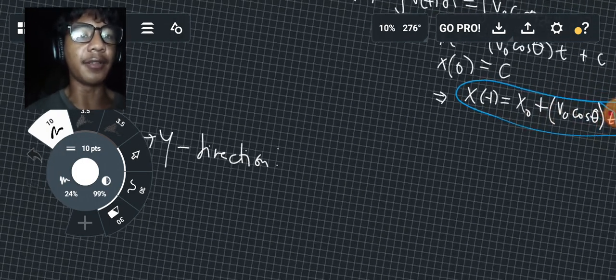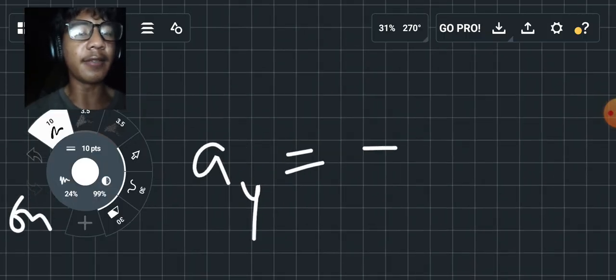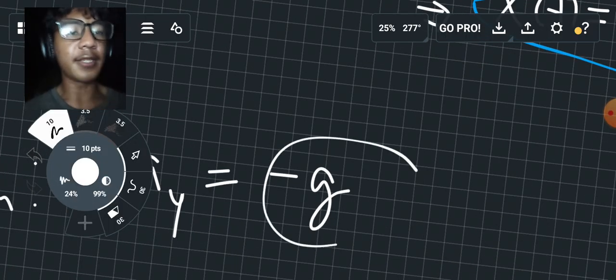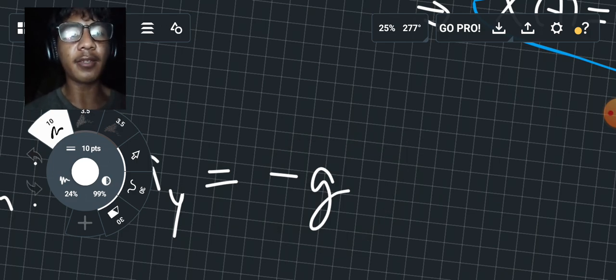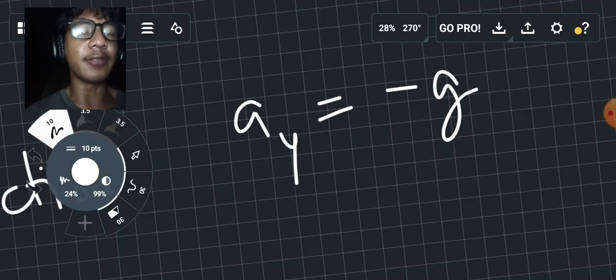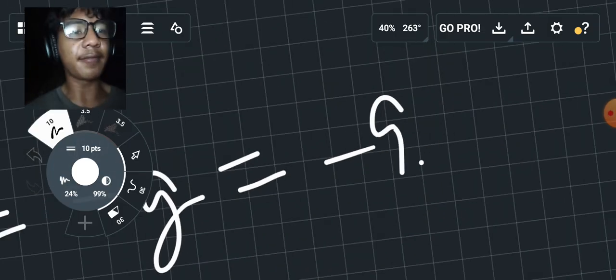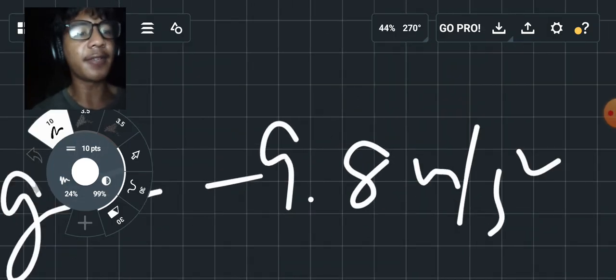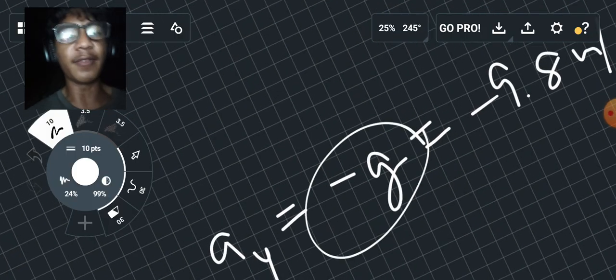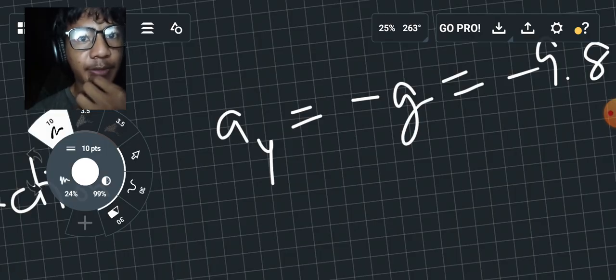In the y direction, a of y is negative g. That's the abbreviation we commonly use to not write 9.8 meters per second squared every time. So it is negative 9.8 meters per second squared.